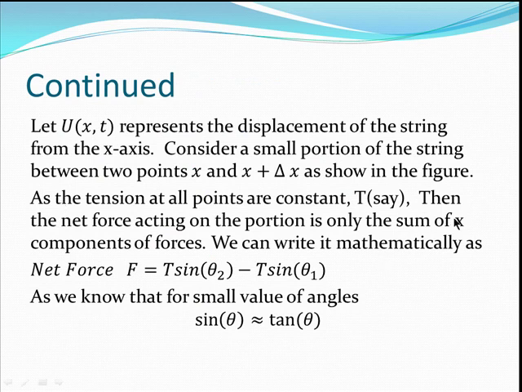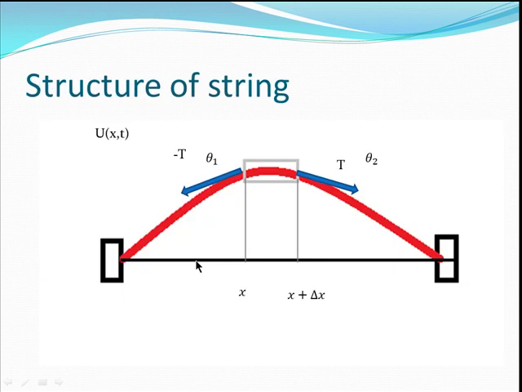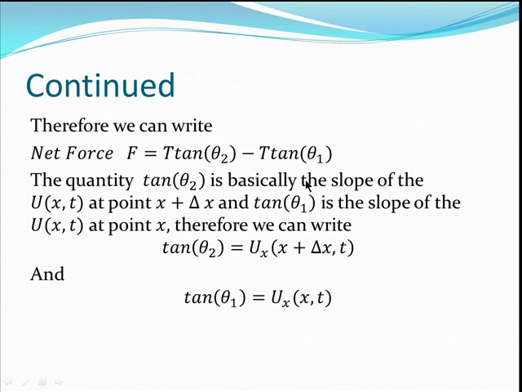So the net force acting on the portion is only the sum of the y components of forces. We have assumed that this portion only moves in the upward and downward direction, so the x components of the forces will have no effect. The only effect is from the y components of forces. So the total force acting on this portion is the sum of the y components of these two forces.